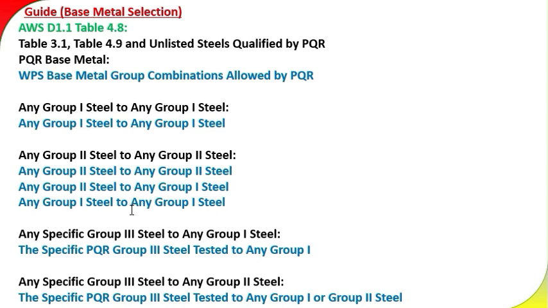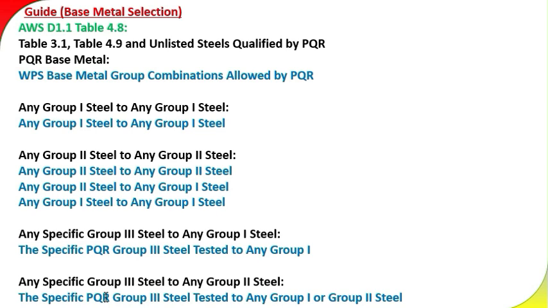Group 1 and group 2 are different types of material, so we need to know how to do the base metal selection. For any specific group 3 steel to any group 1 steel, the specific PQR group shall be group 3 tested to any group 1 only.